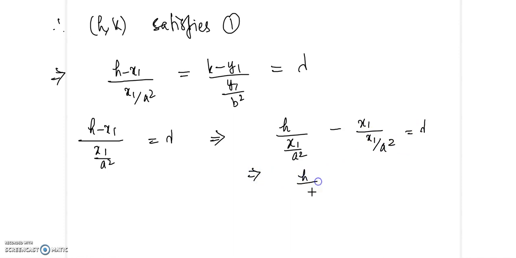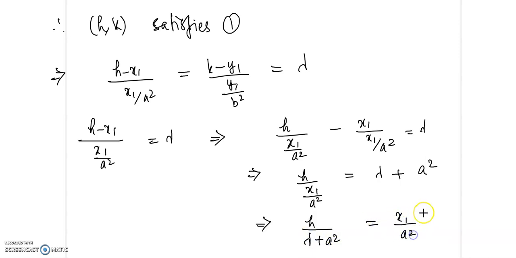So h by (x1 by a square) will be equal to lambda plus 1. Therefore h by (lambda plus 1) will be equal to x1 by a square, so we get a square.